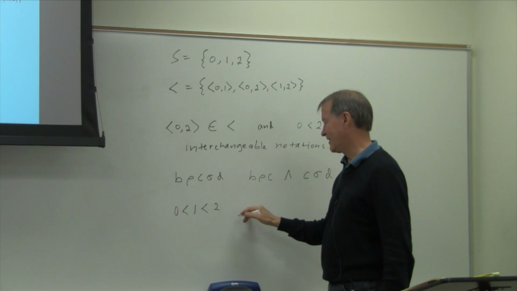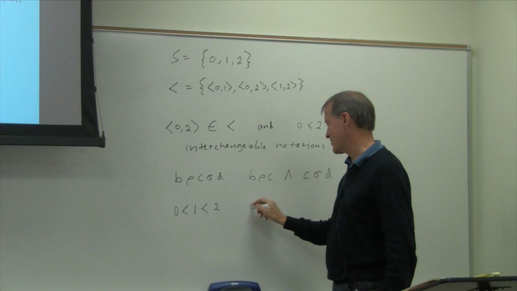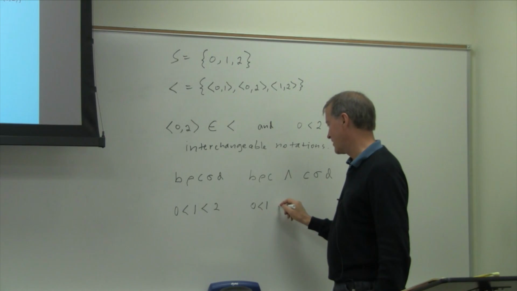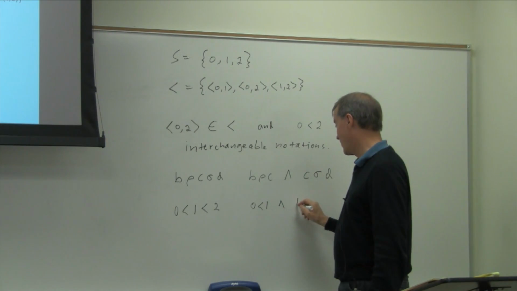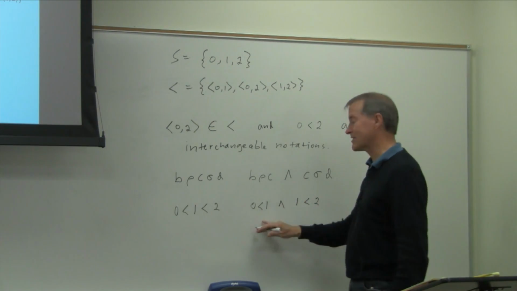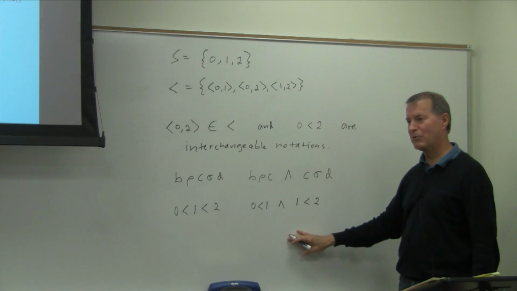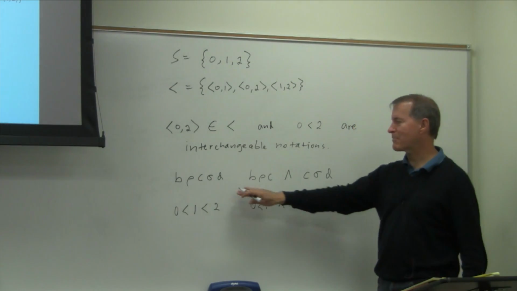It is 0 is less than 1 and 1 is less than 2. So we've seen this conjunctive meaning before. Are you with me? But this is just the same thing in general.